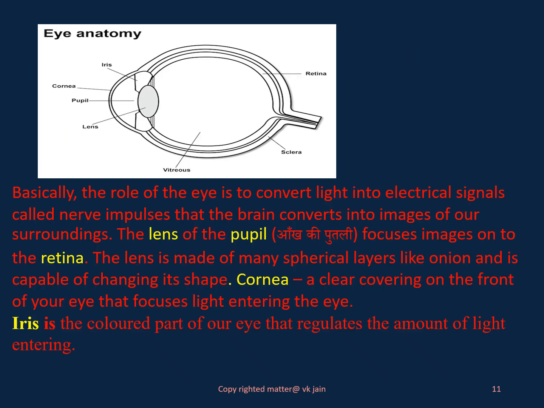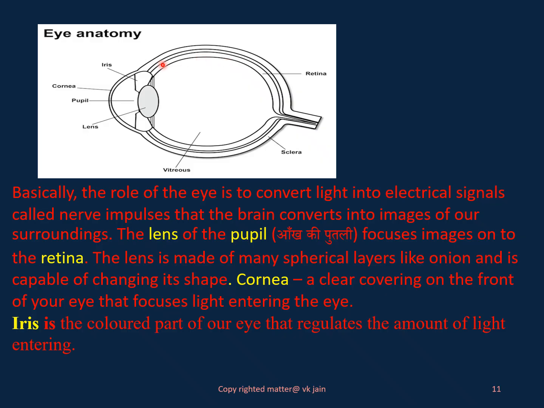Friends, the figure at the top describes the anatomy of the eye. The first is the cornea. This portion is known as the pupil. This portion is known as the iris, and this is the lens.